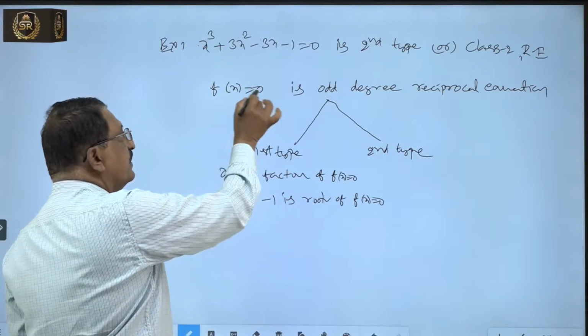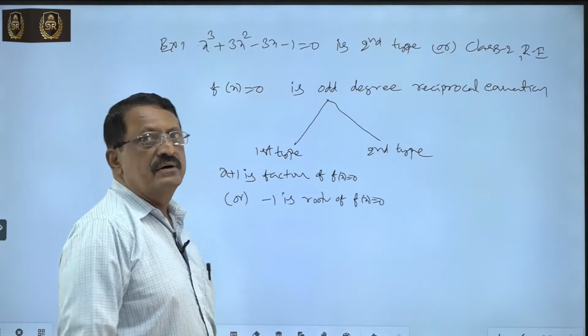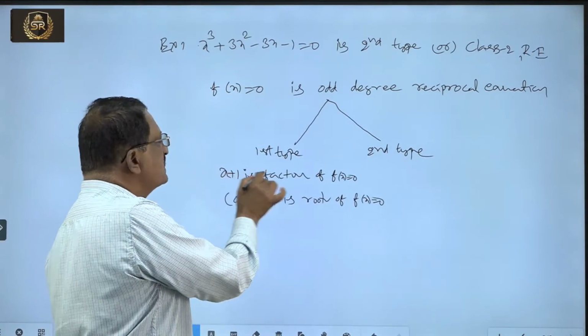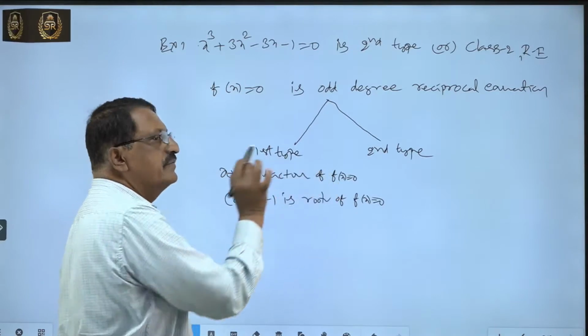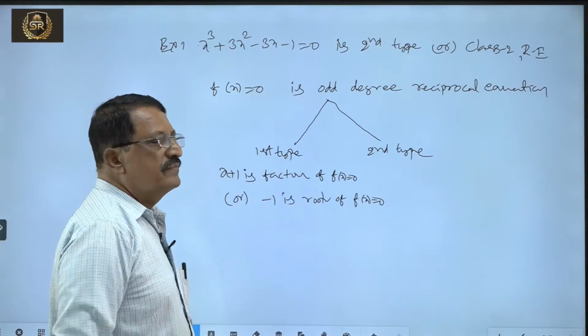If f of x equals 0 is an odd degree reciprocal equation, then always x plus 1 is one of the factors of f of x equals 0. Otherwise, minus 1 is a root of f of x.